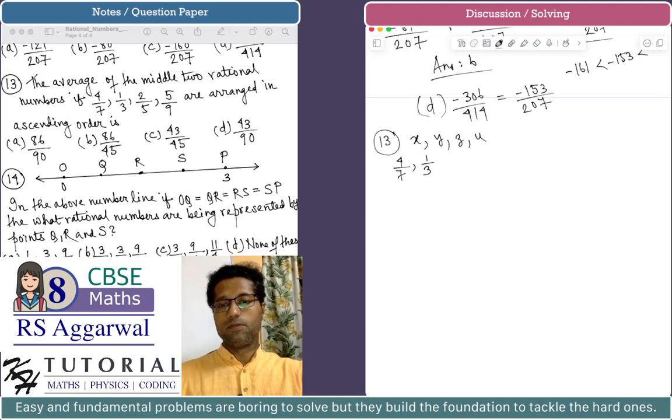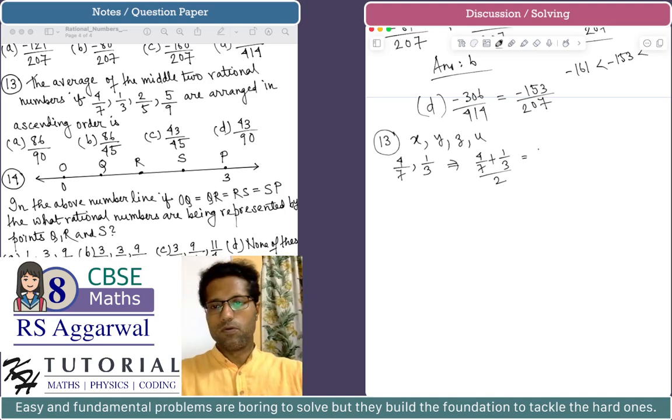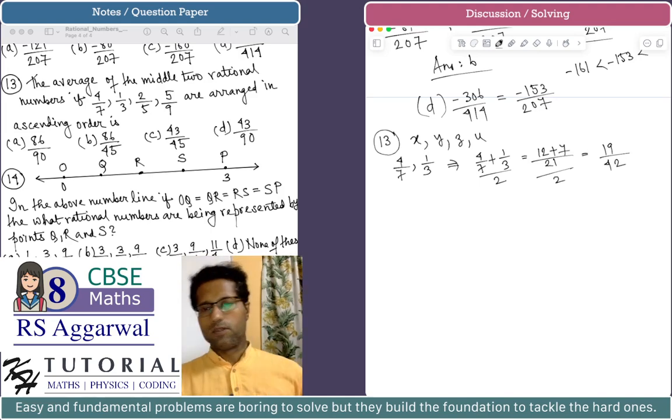Then their average will be 4 by 7 plus 1 by 3, all divided by 2, which will be equal to 12 plus 7 by 21, by 2. This is equal to 19 by 42. But in all the choices, the denominators are either 45 or 90.